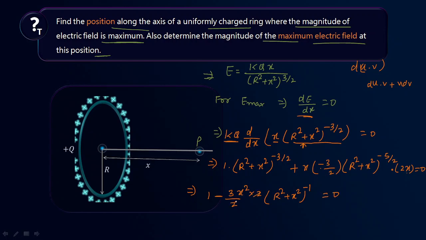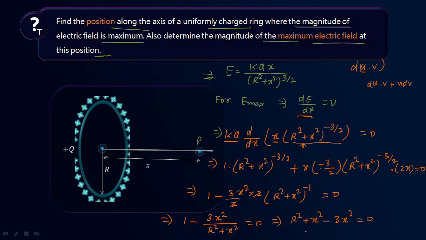So simplify this, 2 we can cancel. So now we have 1 minus 3 x square divided by r square plus x square equal to how much? 0. Right? Take LCM. So we have r square plus x square minus 3x square, that is equal to 0.